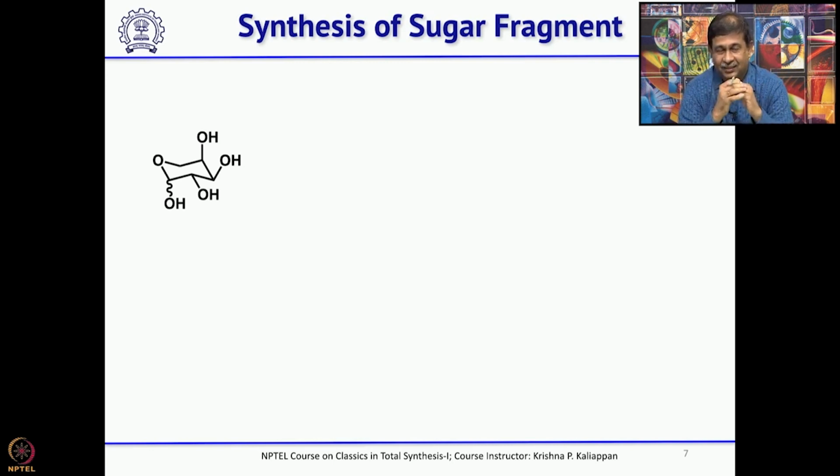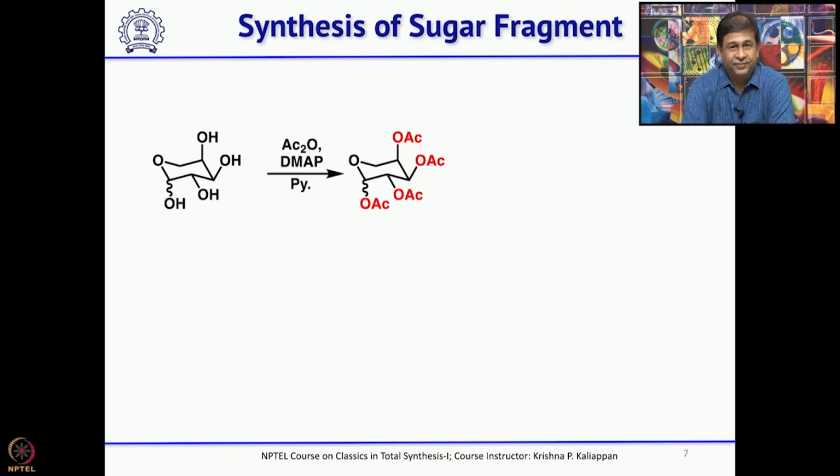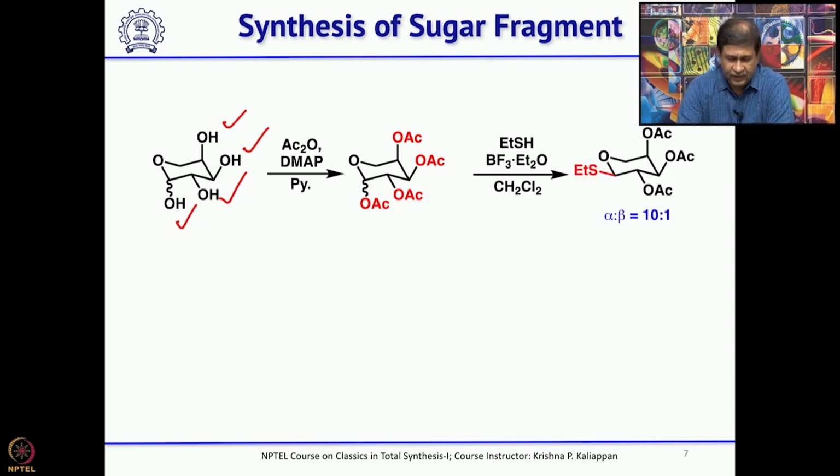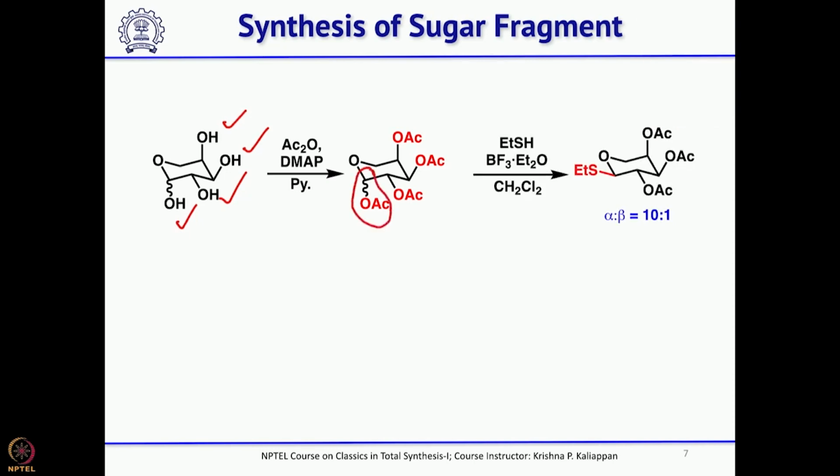So let us start with the synthesis of the sugar fragment, for which he started with the commercially available D-arabinose, and the first step was per-acetylation, that is all the hydroxyl groups including the lactol hydroxyl group were acetylated with acetic anhydride and DMAP. Then this particular anomeric acetoxy group can be easily displaced with ethane thiol under Lewis acidic conditions, and here you can see the alpha anomer is the major isomer.